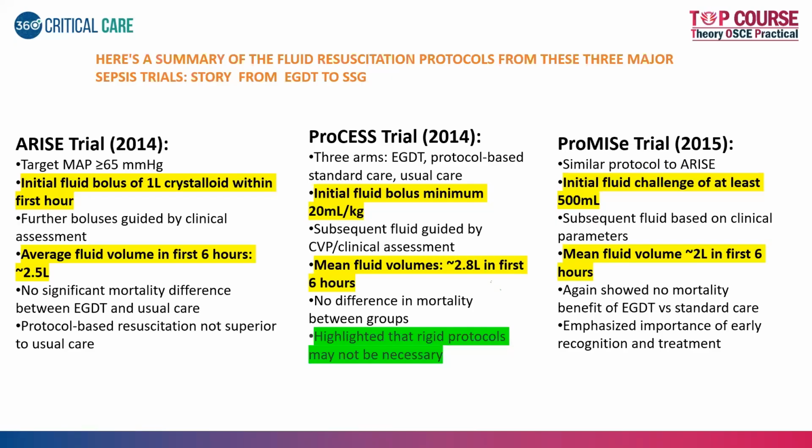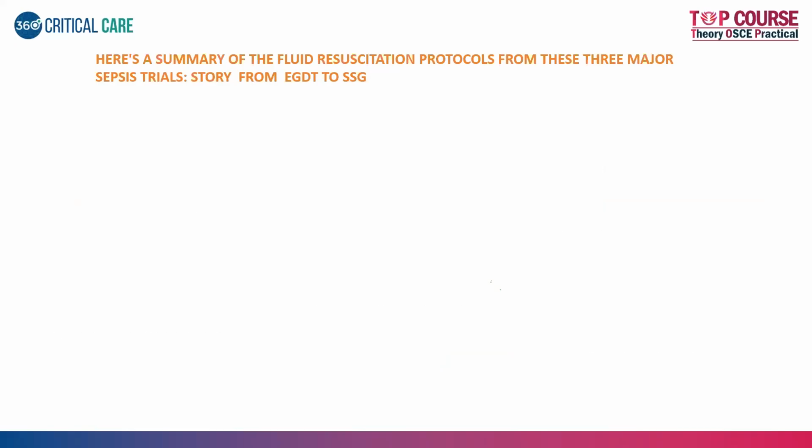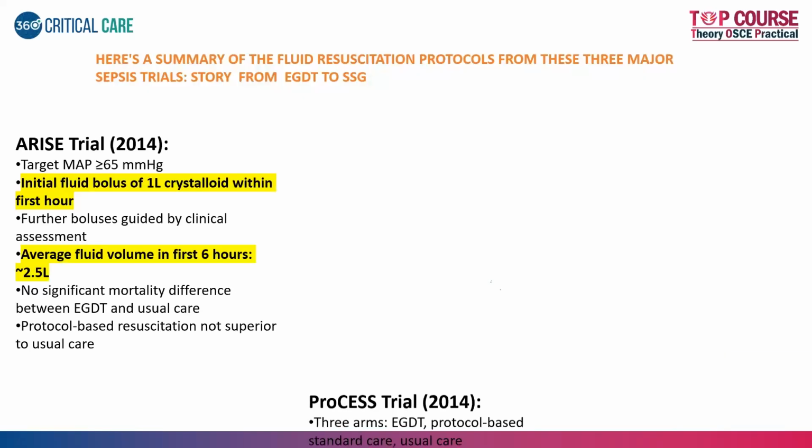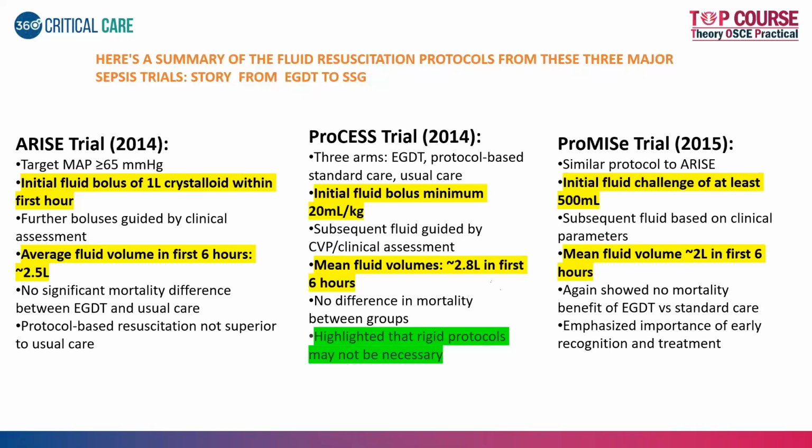So that is one way they came to an understanding that there need not be a rigid protocol telling that all patients with sepsis require 30 ml per kg in the first 3 hours. That is one of the reasons this recommendation was downgraded in the 2021 update of SSC guidelines as compared to 2016 guidelines.